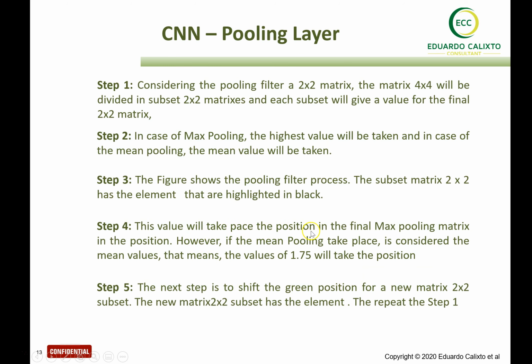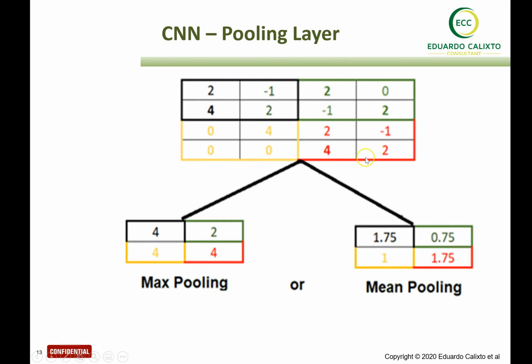This value will take its place in the position in the final max pooling matrix. However, with mean pooling, the mean value is considered. So that's what we do on the right side here. If I consider mean pooling, it means that I get the mean average of all the values that I have in this matrix, and it is similar for the others that I'm including here.